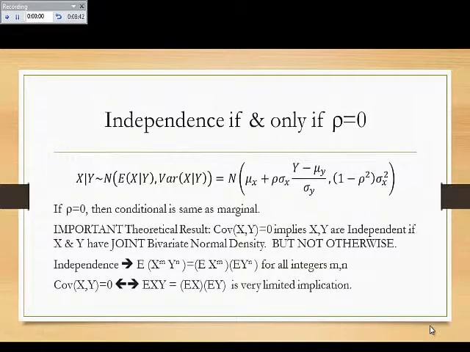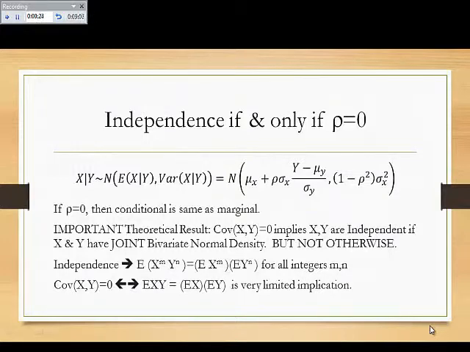And from this, we can get the formula. What is the conditional distribution of x given y? Well, it's normal, with mean equal to the expected value of x given y and variance equal to the variance of x given y. And so it's the formula here. The formula is a little bit messy, and if we put it down like this, it will be very hard to understand.